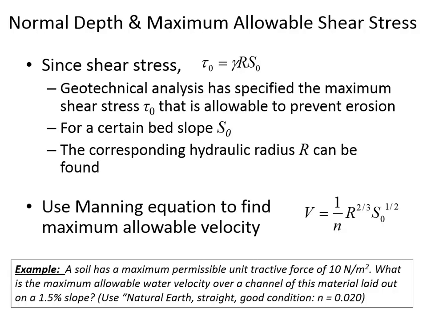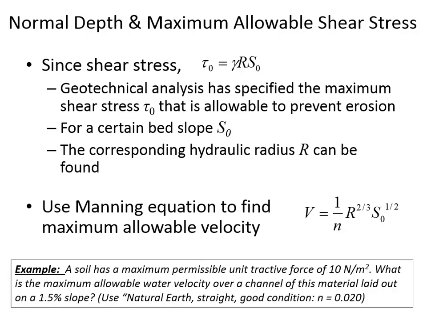And so the hydraulic radius that we should be designing for is 0.0680 meters, and that's what we're going to substitute into Manning's equation. So it's from the maximum allowable shear stress that we find the hydraulic radius, and then that's substituted into Manning's equation. And so the maximum velocity will be 1 divided by the n value of 0.02.